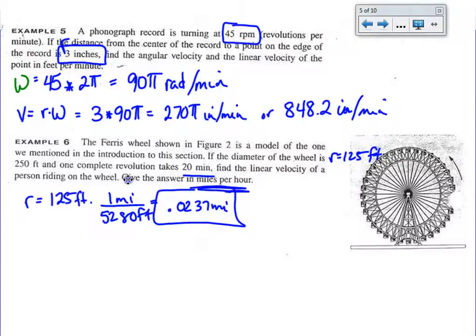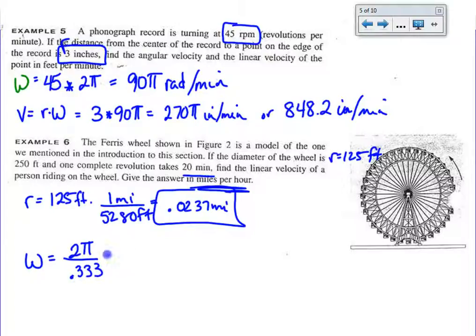1 revolution takes 20 minutes. So, for my angular velocity, 1 revolution is 2 pi. And instead of dividing it by 20, because I don't want my answer in radians per minute, I'm going to need it in radians per hour. I've got to convert 20 minutes to a fraction of an hour, and of course we all know that's 1/3 of an hour, so I'm just going to round to 0.333.